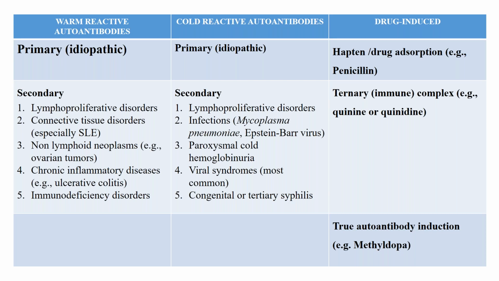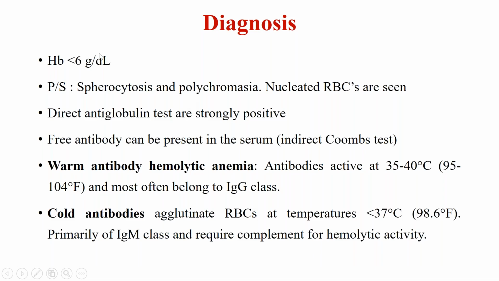So all these causes can lead to autoimmune hemolytic anemia, and mostly the congenital causes are less common; acquired causes are much more common. For diagnosis, we do a direct antiglobulin test, and antibodies can be detected by the indirect Coombs test.